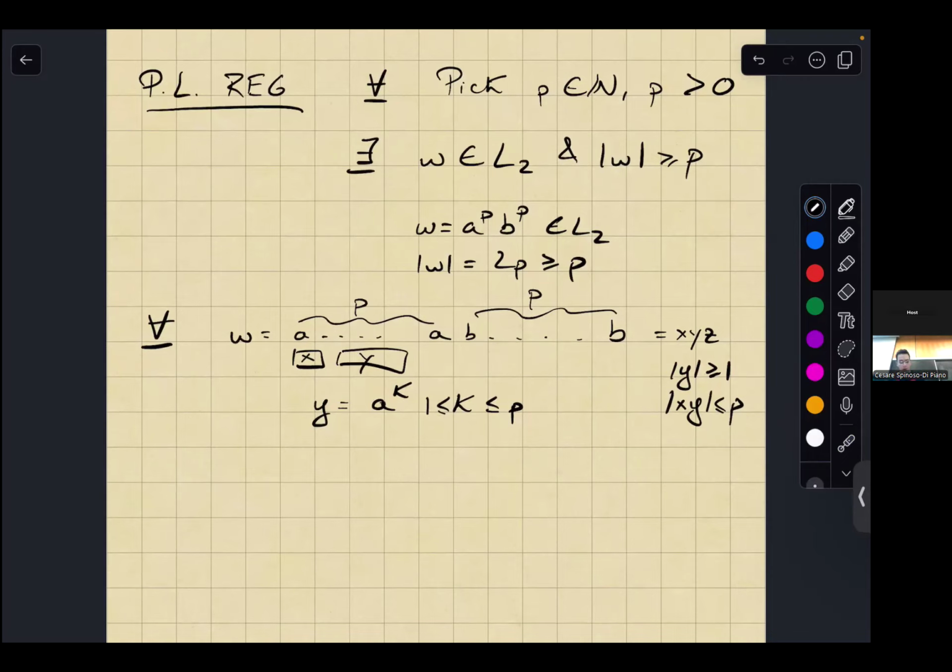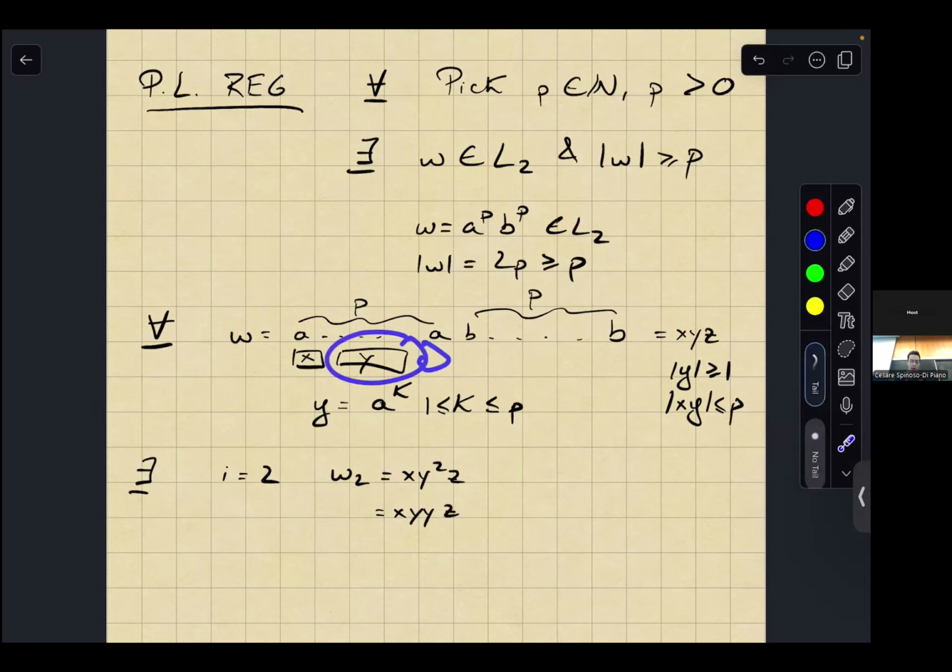Because if I pump up by 1, then what will happen? So if I pick i equal to 2, then I'll get w2, which will be x y^2 z, which will be x y y z, right? So x y y z is you're taking this y and you're injecting an extra y into the string.